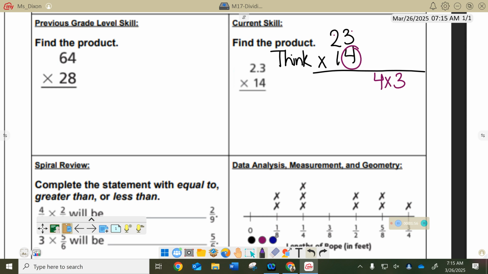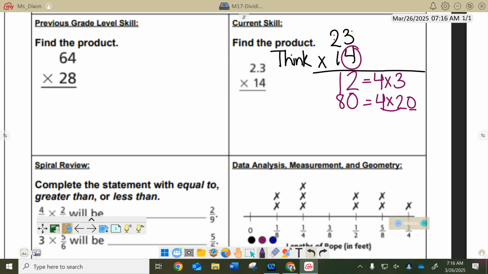So 4 times 3 is 12. And then the 4 times the 2, but it is not a 2 because the 2 is in the tens place. The value of that 2 is actually 20. So it will be 4 times 20. You need a 0. 4 times 2 is 8.